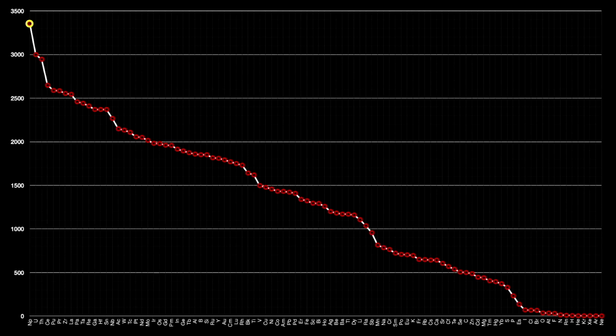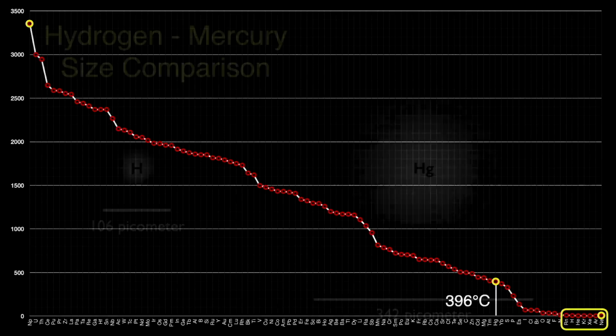That goes all the way down to neon, which is liquid only in a 2.51 degrees Celsius range. Again, mercury has the 19th lowest liquid range at 396 degrees Celsius. Notice all the noble gases and hydrogen have very small liquid temperature ranges.